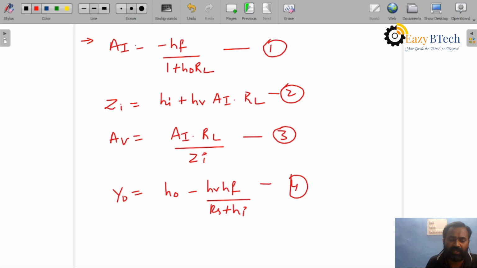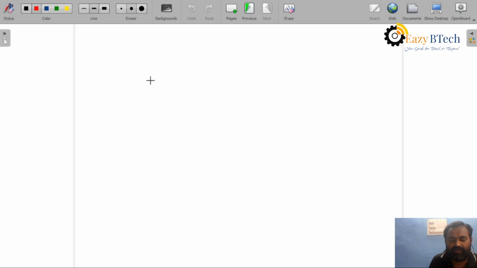And typical H parameter values you can see. Suppose for common emitter, for example, common emitter means emitter is grounded.